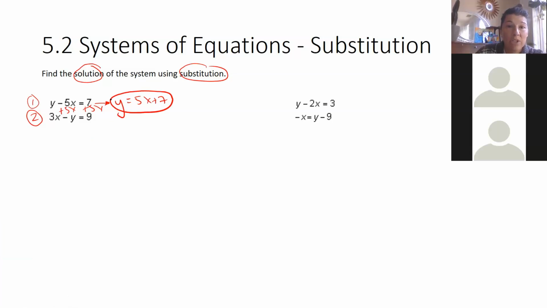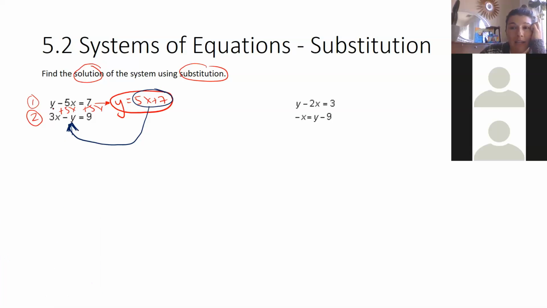We are going to substitute in y wherever we see a y in this second equation. So we're going to take this 5x plus 7 and we're going to substitute it in where we see y in that second equation. So let's write what we now have.